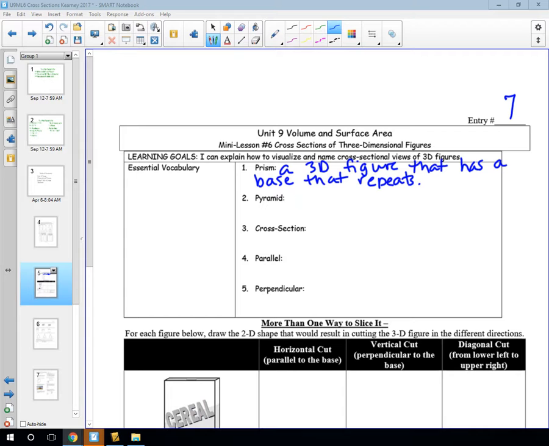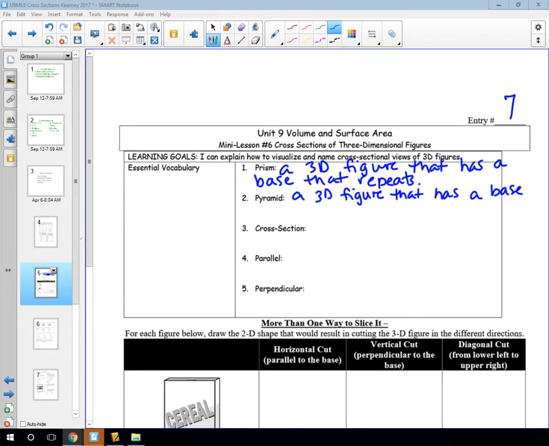Okay, how is that different than a pyramid? We know a pyramid is also a 3D figure, and it may have even the same base as a prism. But what is different? That's right, it comes up to a point. So a pyramid is also a 3D figure that has a base.